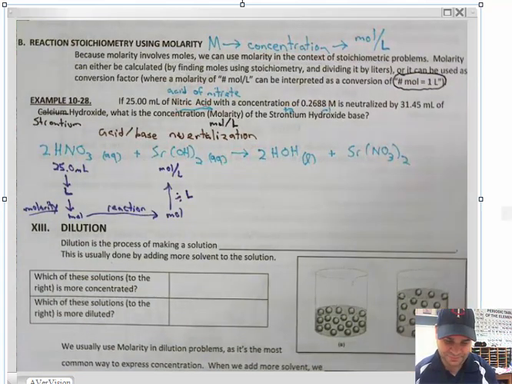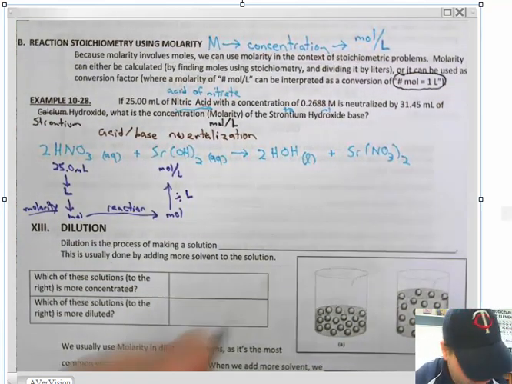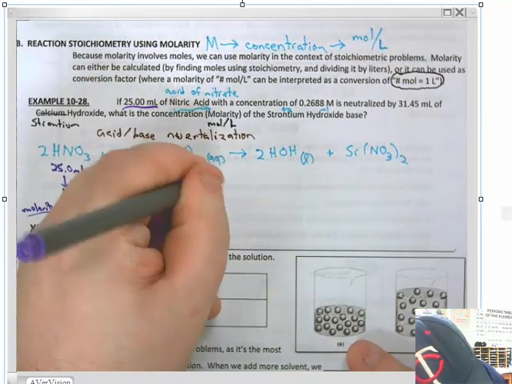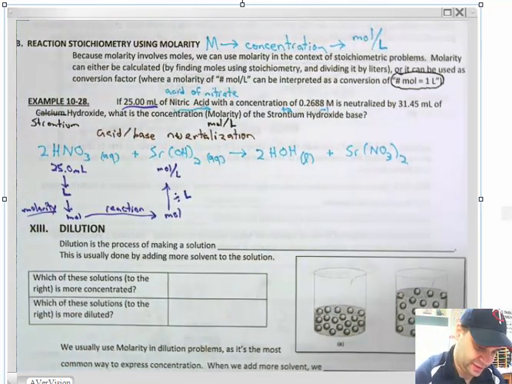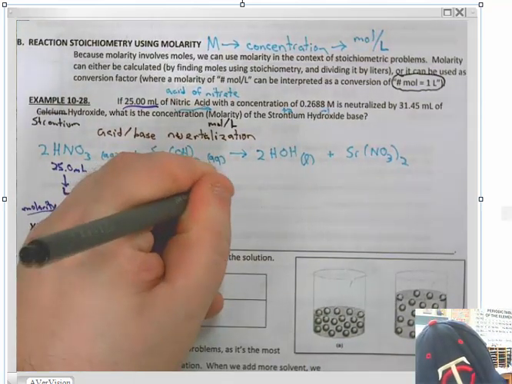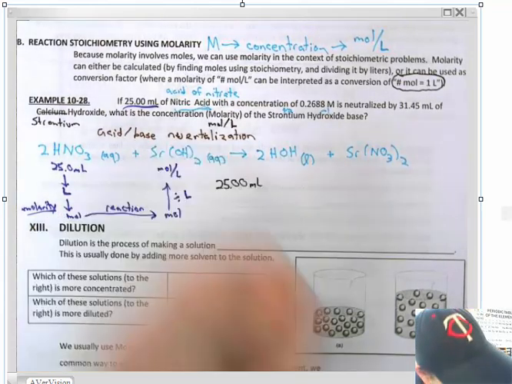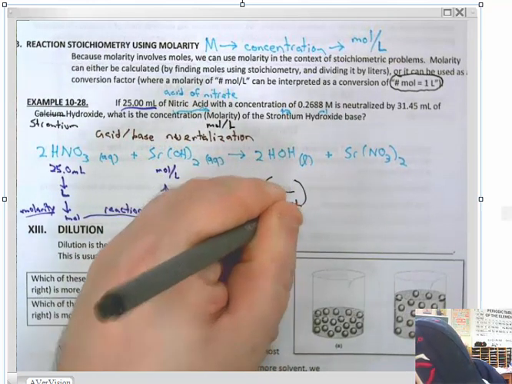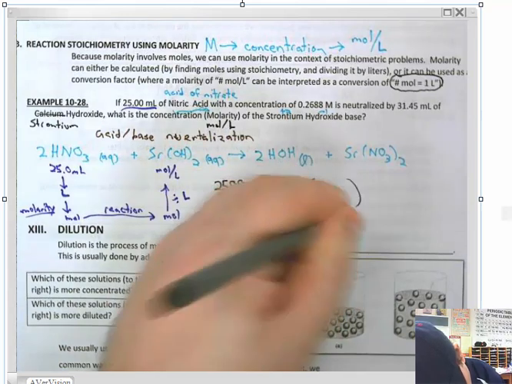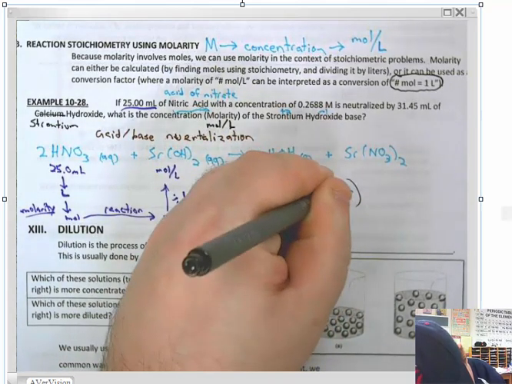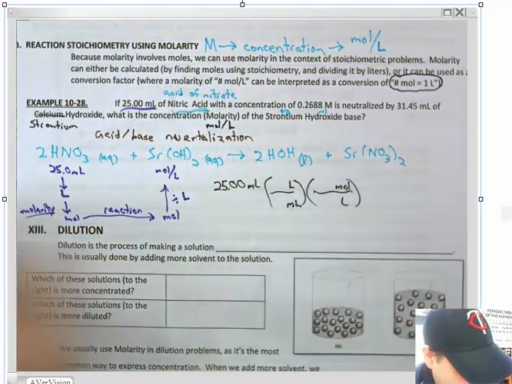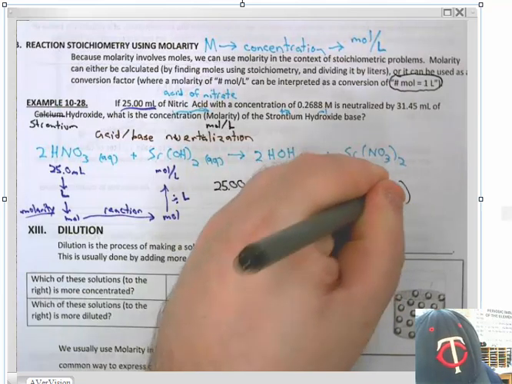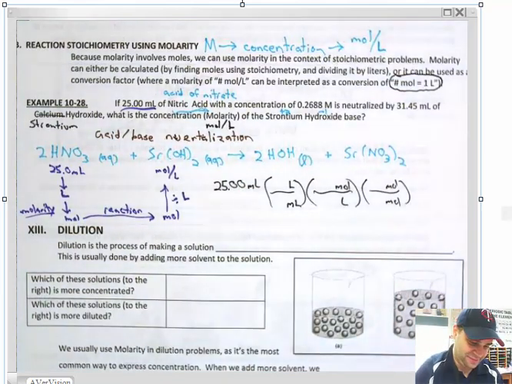So in this problem here, I am going to start off with 25 milliliters of nitric acid. And let's do this in black. I am going to go from milliliters to liters, liters to moles, because that's the molarity step, and then I'm going to go to moles using the reaction, right?